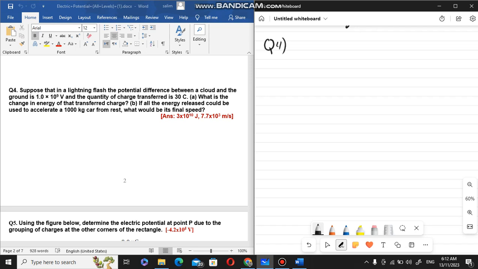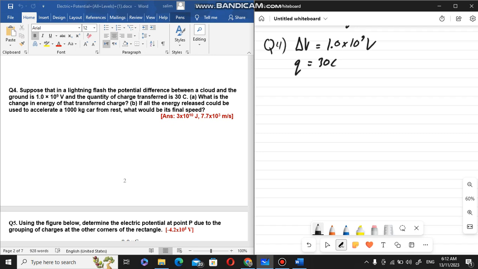So we have two givens. They gave us the potential since it has a unit of V, and they gave us the charge since we see the units of coulombs. So we have delta V, given as 1.0 times 10 power 9 volts, and we have Q, which is given as 30 coulombs.